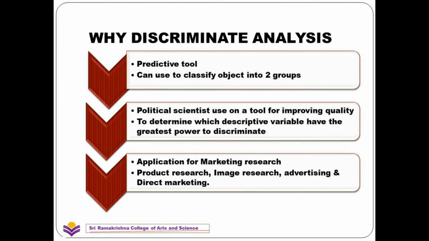It is used in advertising research, how market segments differ in media consumption, and in direct marketing to identify characteristics of customers who respond to direct marketing and those who don't. So it can be applicable even in marketing research. It is a predictive tool. It is helpful for improving quality.